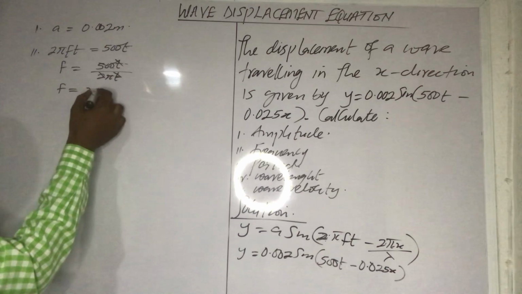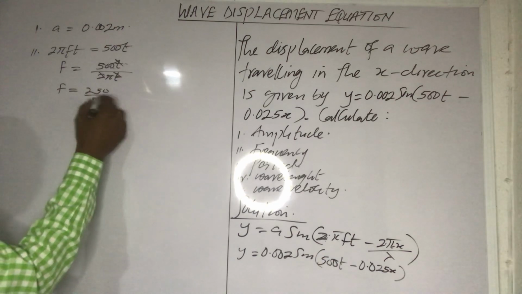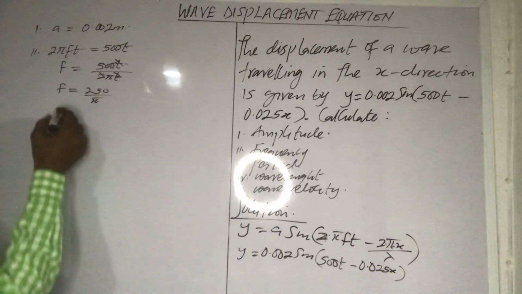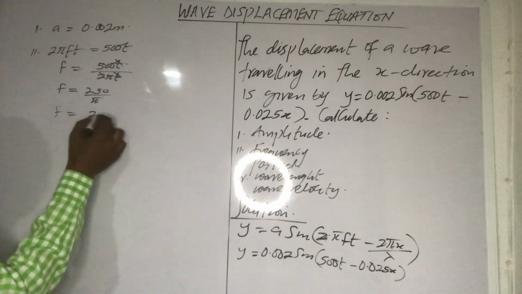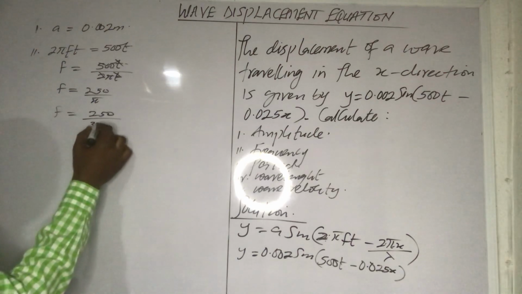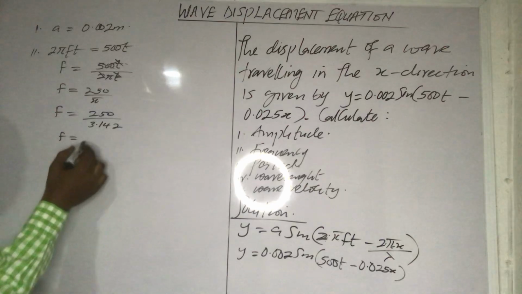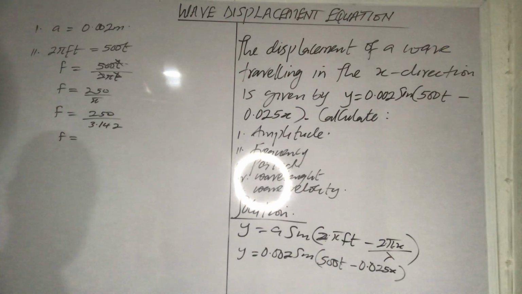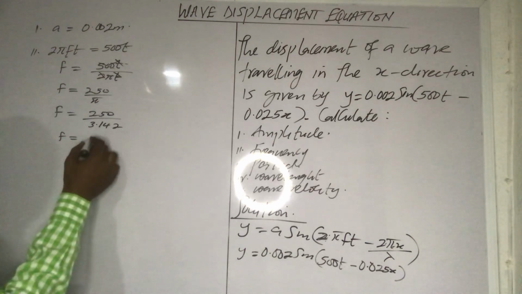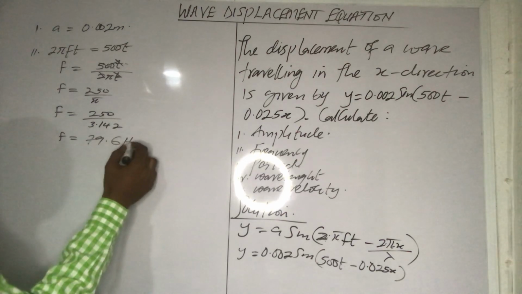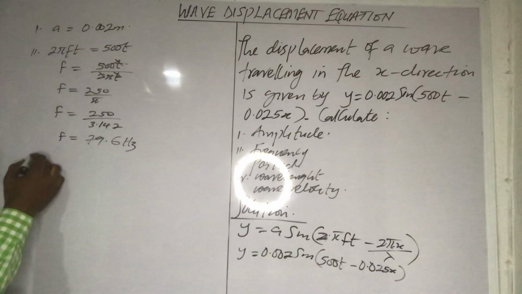That will give me 250 over pi. Pi, you recall, is 3.142. It's a constant. So my f will now be equal to 250 divided by 3.142, that's the value for pi. So that will be 79.6 hertz.